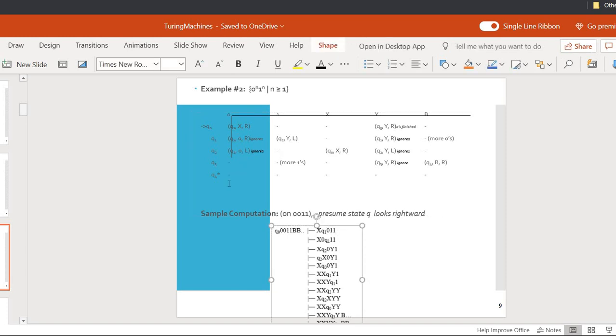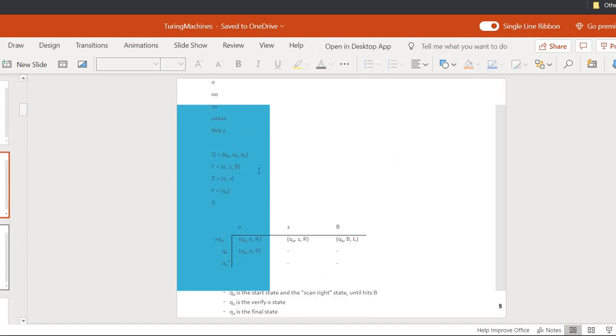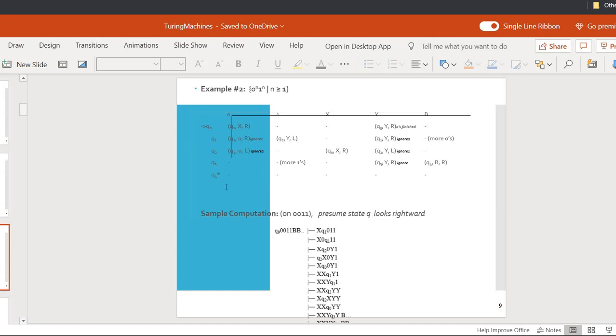Proceeding further and expanding this question to a slightly different question, there is 0 to the power n and 1 to the power n. This basically says how many 0's or 1's there can be in a word that is part of the language.